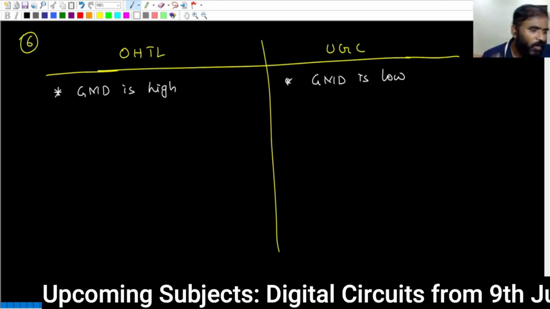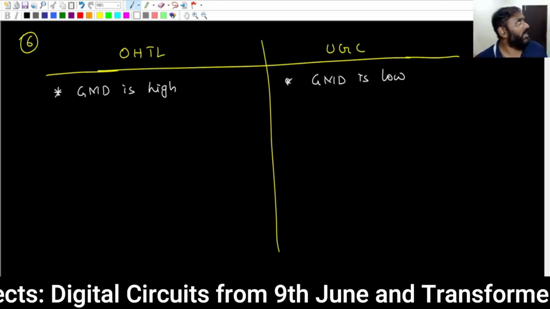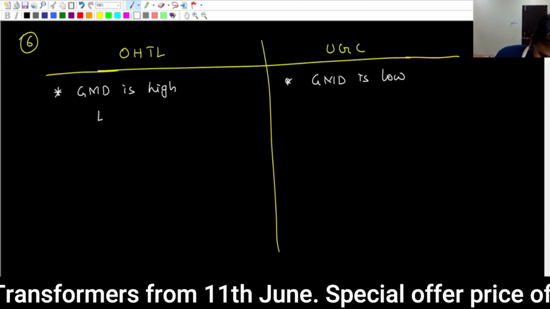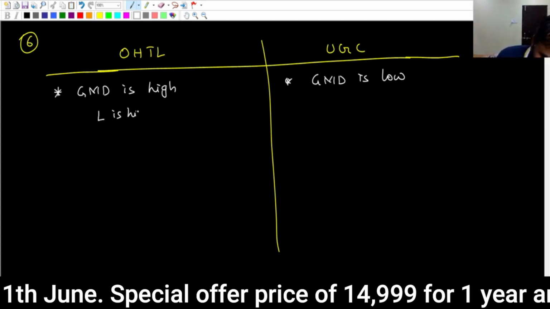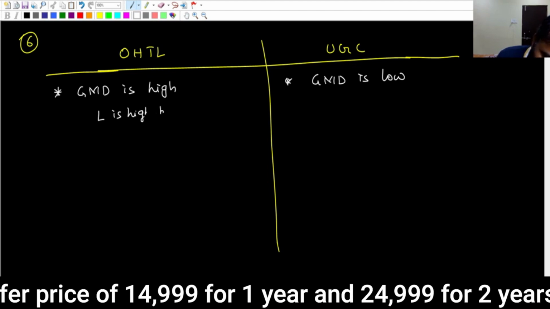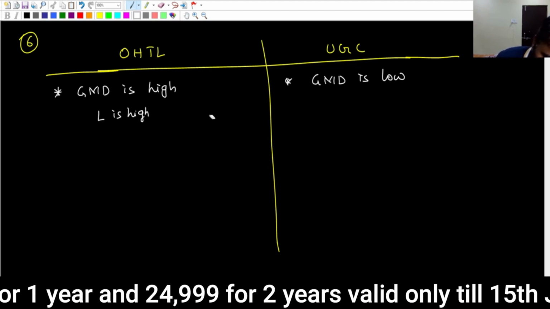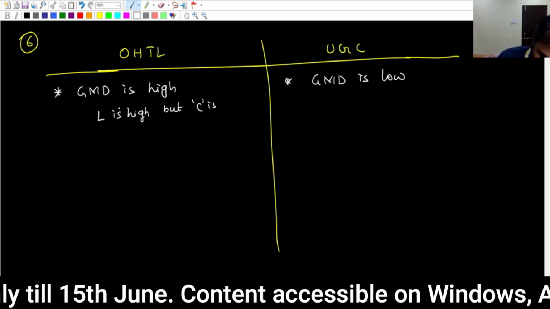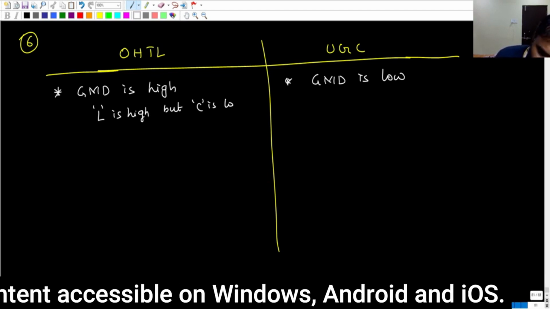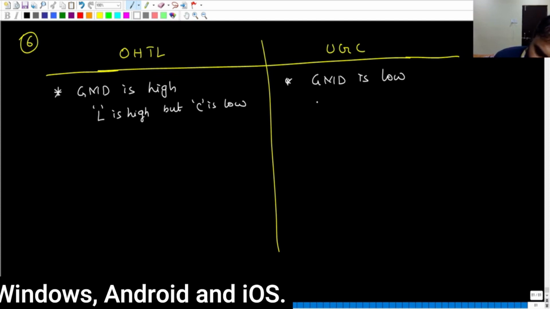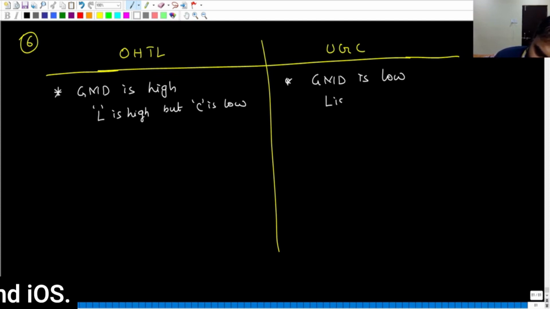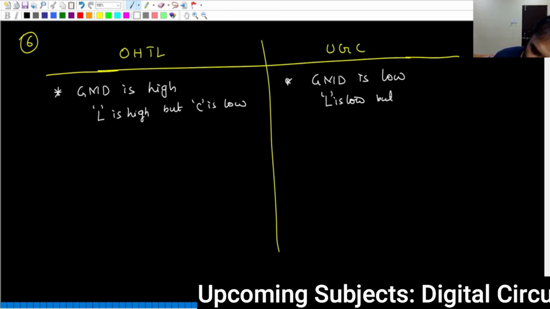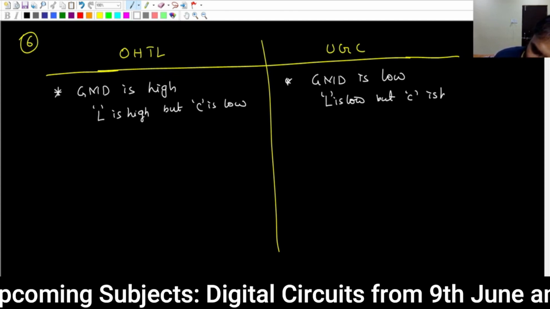So in a transmission line, L is high but C is low. Here, L is low, inductance is low, but C is high.